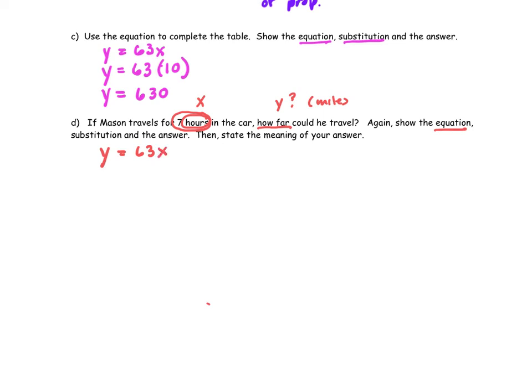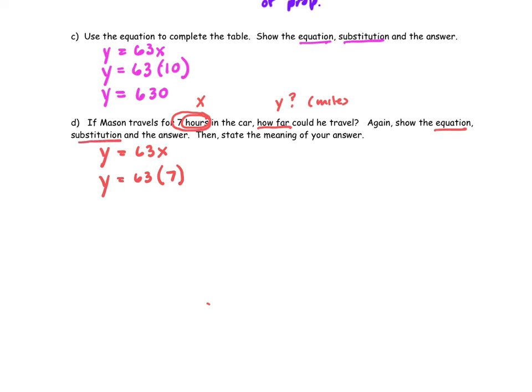And now I don't know y, which remember we identified as the number of miles. I have a constant of proportionality, so I'm going to use it. And then I do know the hours, and the x values in the table are talking about hours. So I'm going to substitute 7 where the hours are.